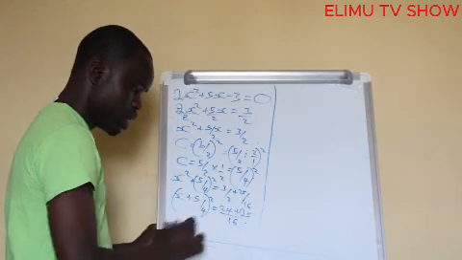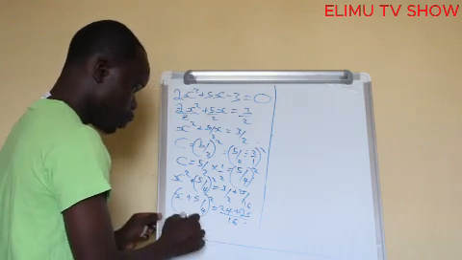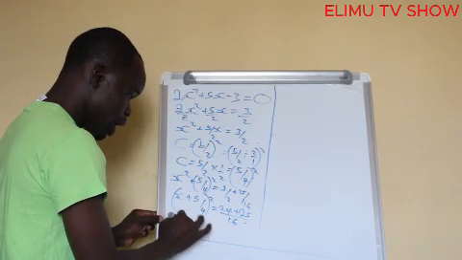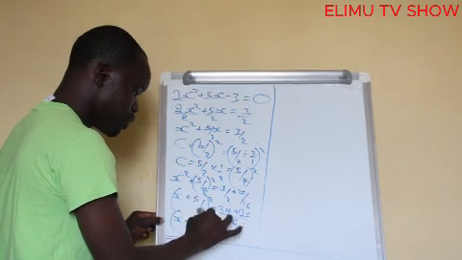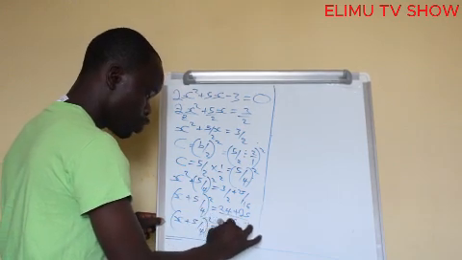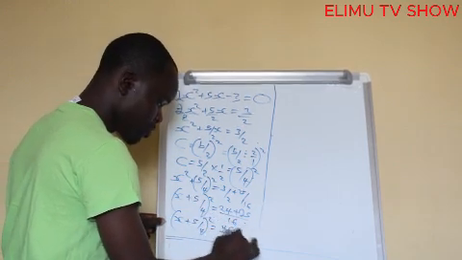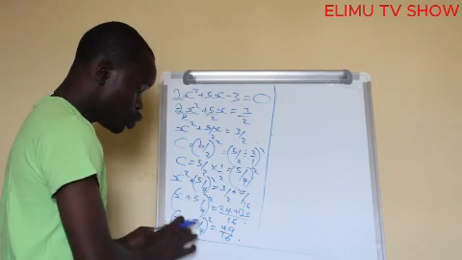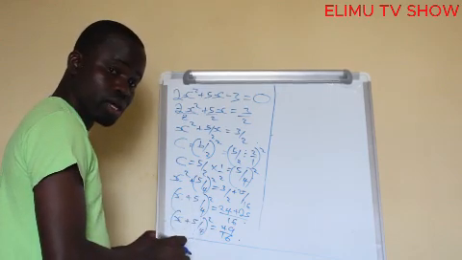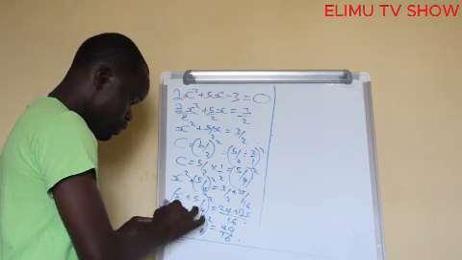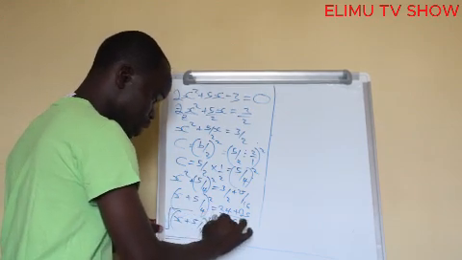Now from that, we have x plus 5 over 4, everything in square, is equal to 49 over 16. To do away with the square, we find the square root on both sides.